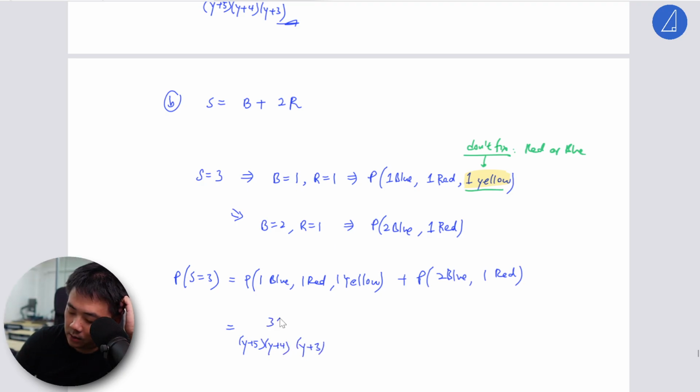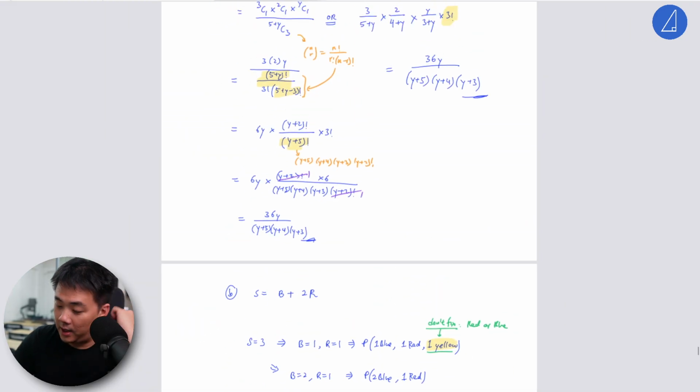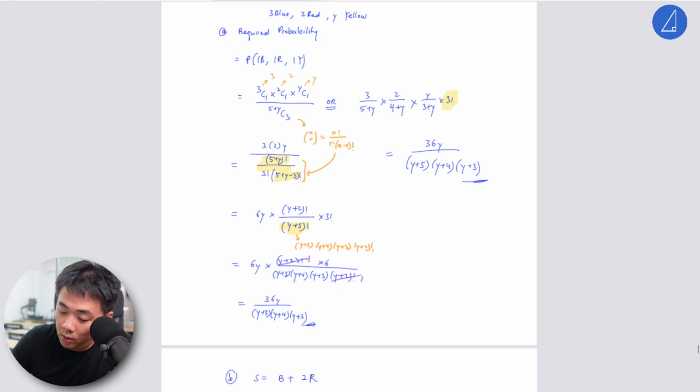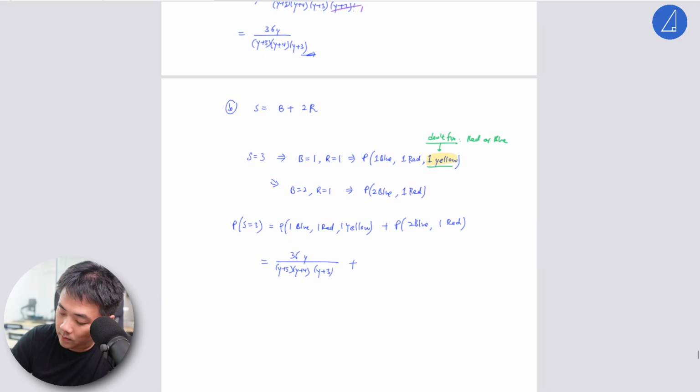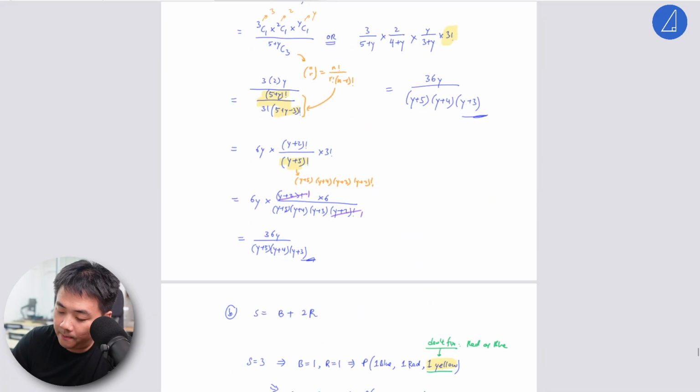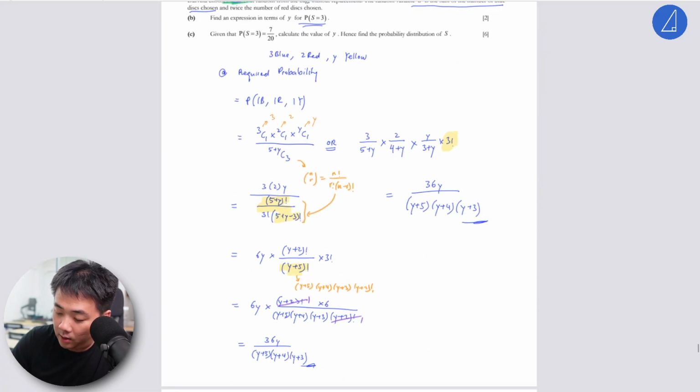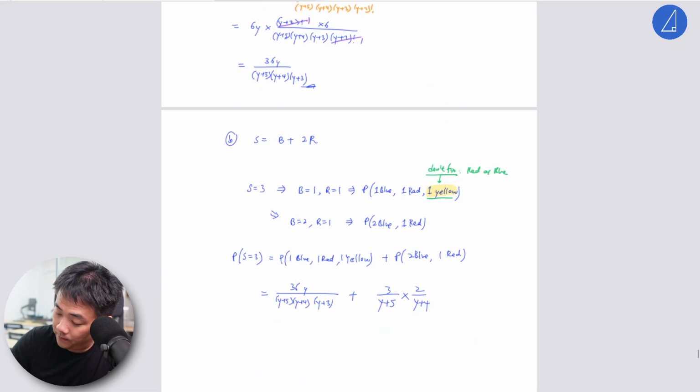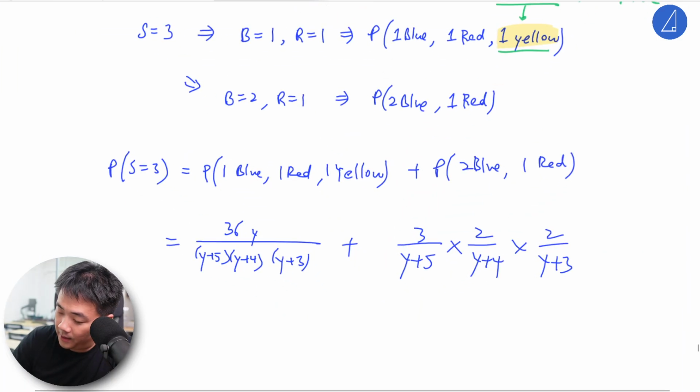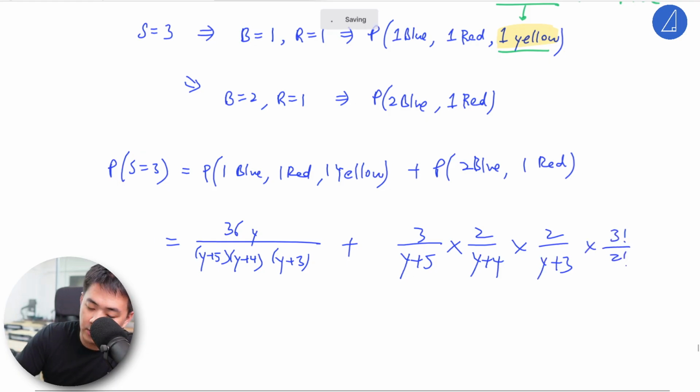Okay, then this one will be what? 2 blue, 1 red will be 3 over y plus 5, there's 2 blue, y plus 4, then 3, 2, then 1 red will be 2. Then you multiply by 3 factorial over 2 factorial, because that's how you arrange the 2 blue, 1 red.